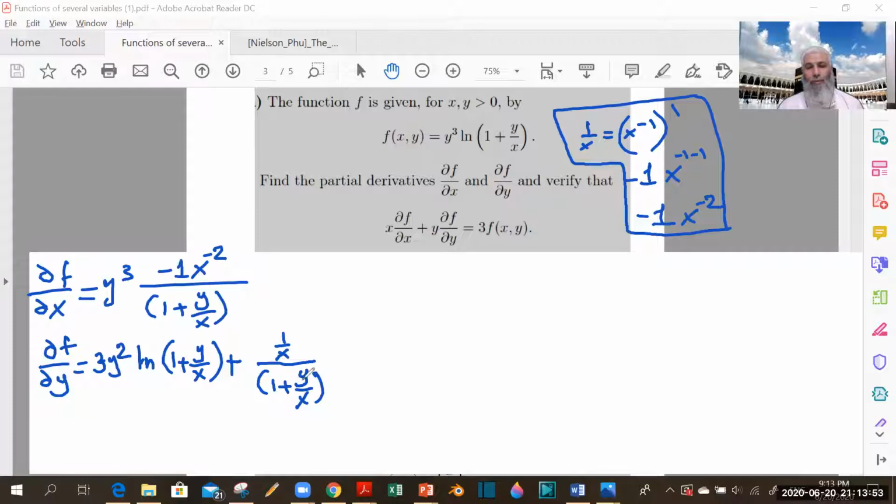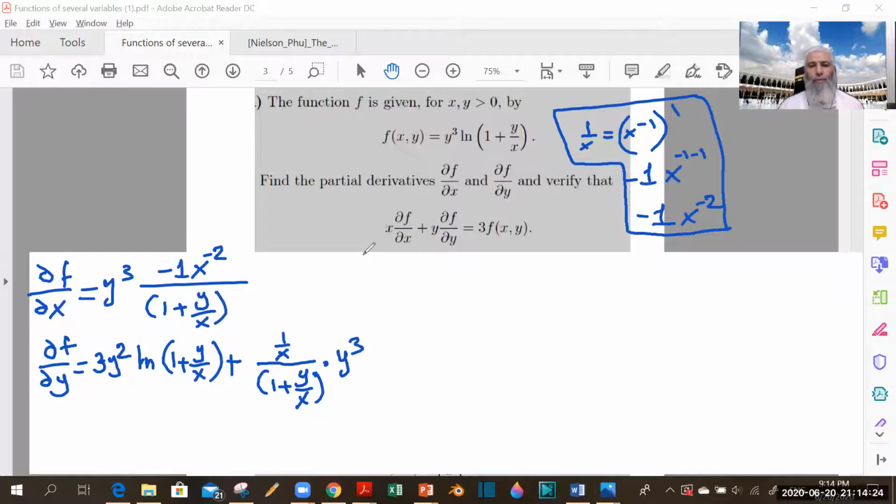Multiply by the first function, which is y cubed. This is the multiplication rule: the derivative of the first multiplied by the second, plus the derivative of the second multiplied by the first function. Okay? Yes.